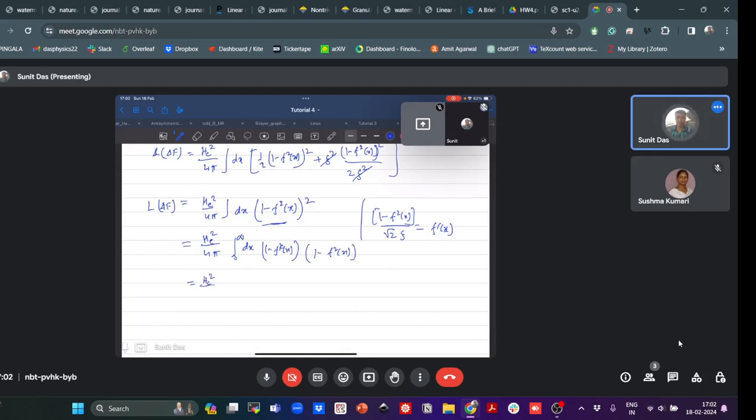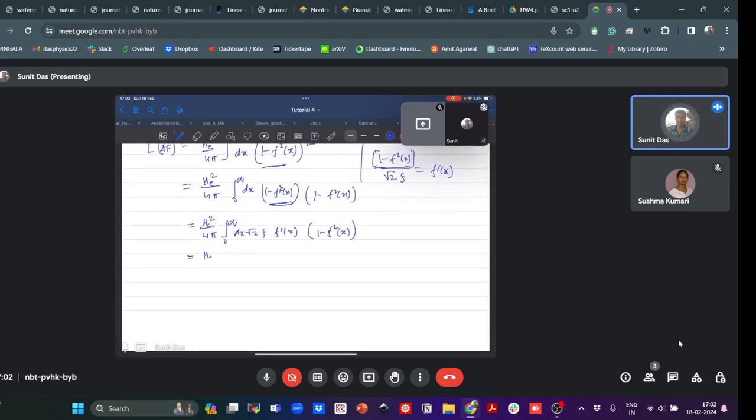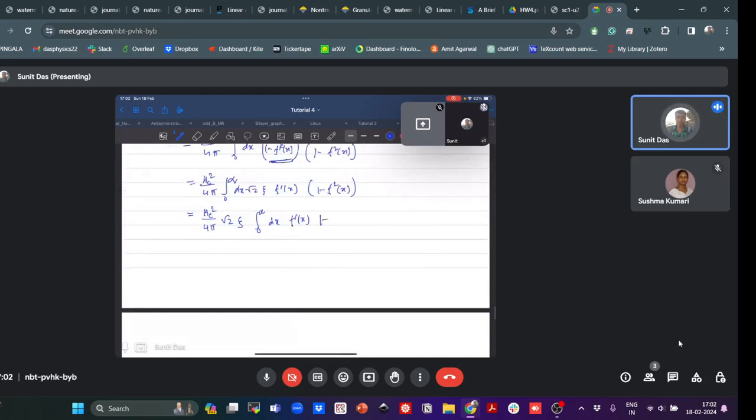So Hc square by 4 pi, 0 to infinity, it will be root 2 xi dx f prime x 1 minus f square x, right? So Hc square by 4 pi into root 2 xi, 0 to infinity dx f prime x and 1 minus f square x, sorry, single.